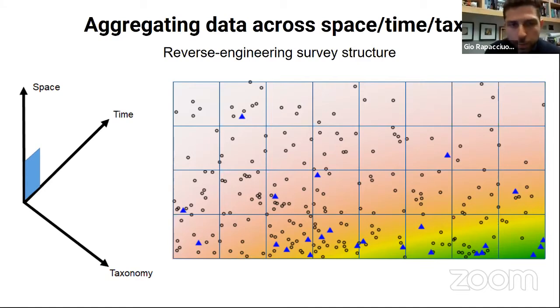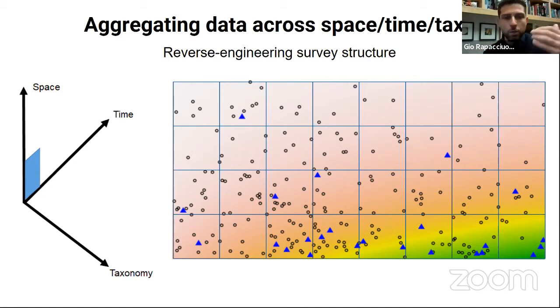The way we've been defining these in the analyses that you'll see are events from a single user. So those are all observations from a single user in a single day within a spatial boundary. And at the finest resolution, the spatial boundary is around a 10-kilometer squared grid cell. So that is the basic analysis unit that we've been using.